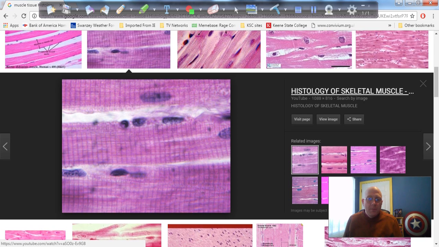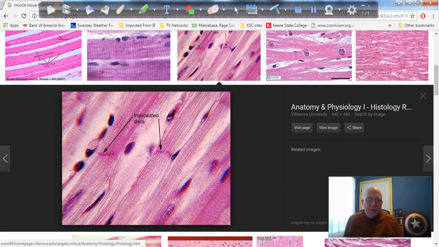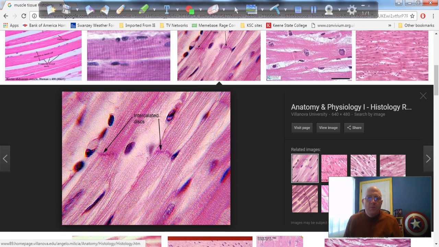Now, cardiac muscle. Here's a good shot of some cardiac muscle because it shows one of the really big defining features. Cardiac muscle does have striations. You can just barely see some of the lines running across. The cells, however, are not really long, fibrous ones. They're short, branched cells, so they kind of look like this, with more fingers coming out the other side. And each individual cell just has one nucleus.